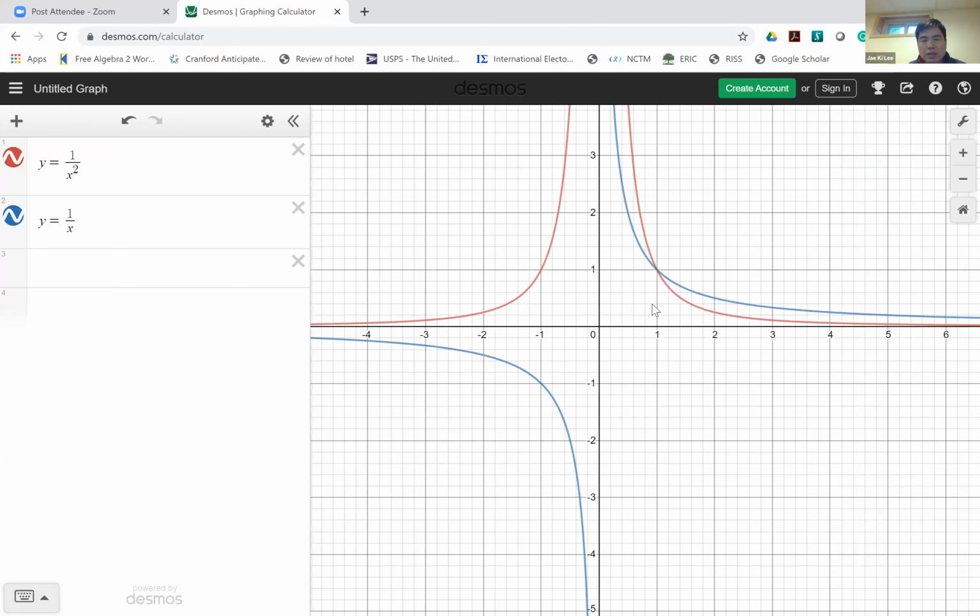The red one describes y equals 1 over x squared, and the blue one describes y equals 1 over x. It doesn't go past the zeros on both sides when it's squared. Yeah, exactly right. The squared graph never crosses the bottom, right? But the 1 over x graph has a branch here and here, basically.